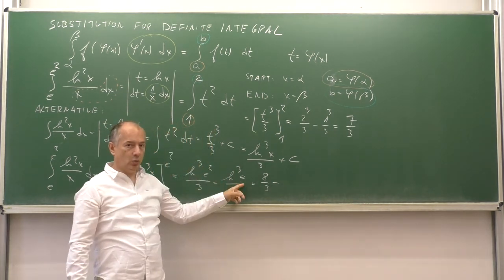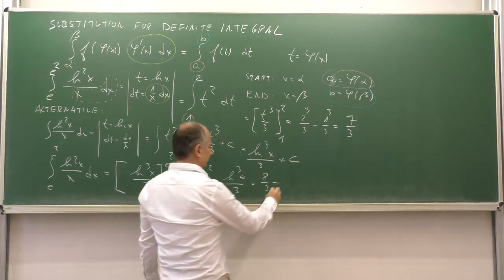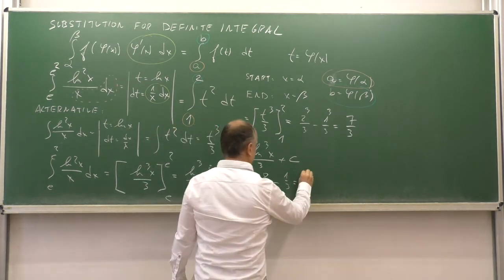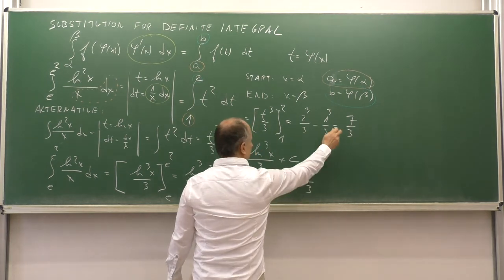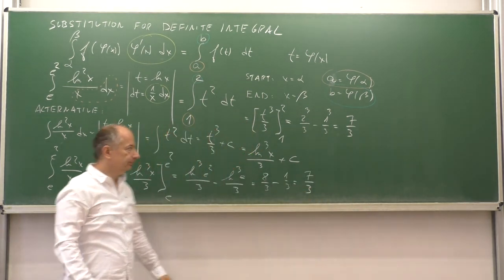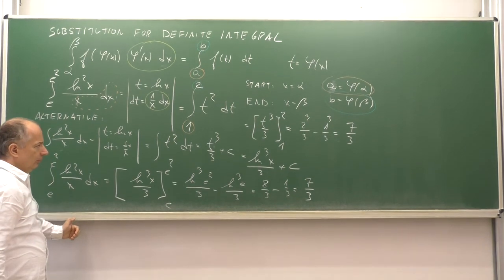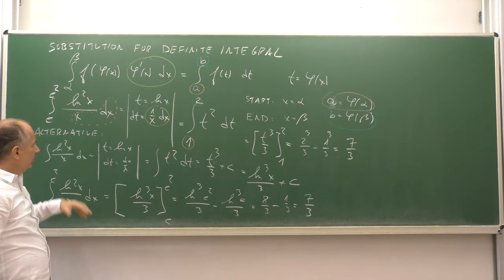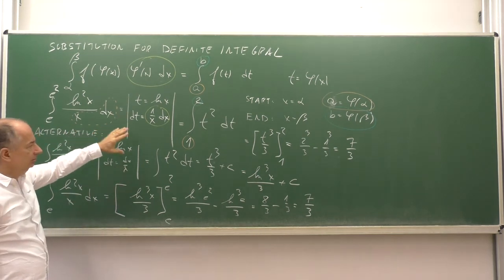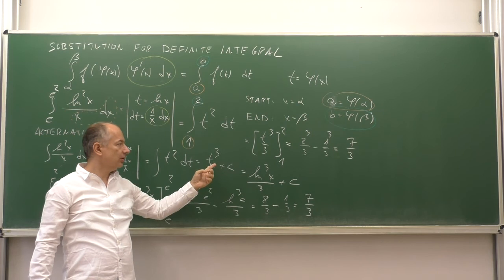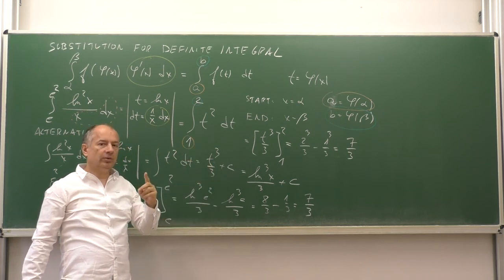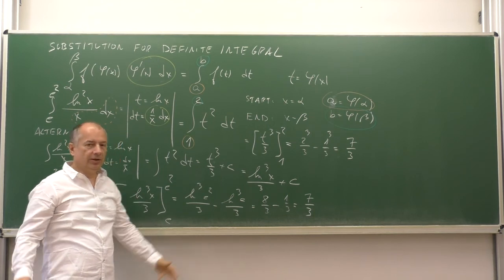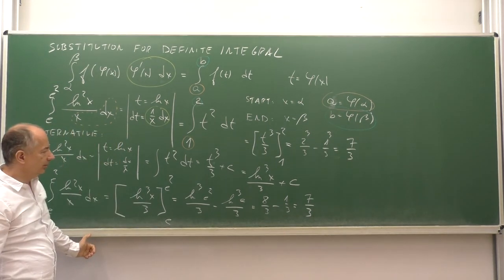And logarithm of e is 1, 1 cubed is 1. And 8 minus 1 is 7 third. Yes, the same result. I would say that in most cases the first version, when we recompute the limits and don't have to go back to x, is a better way. A little shorter, a little faster, a little quicker, a little easier.